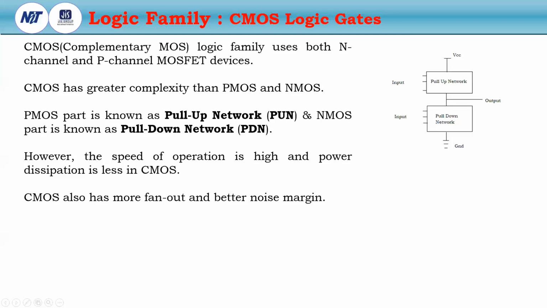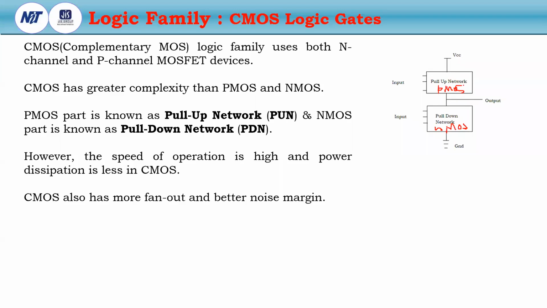So, there may be some confusion, and I should clear it. Any pull up network is made by PMOS, and the pull down network is made by NMOS. Why is PMOS connected to VCC?